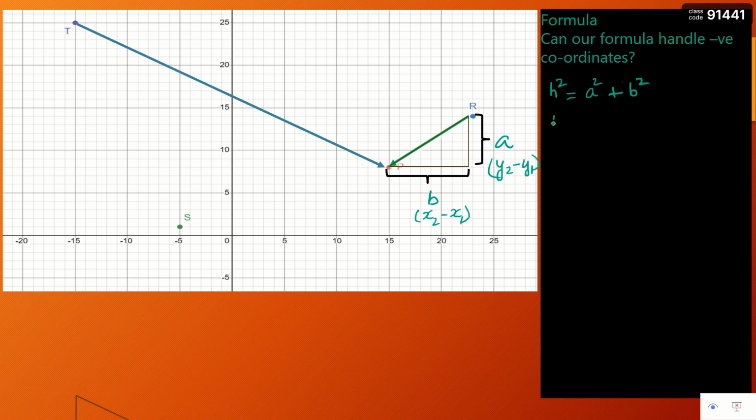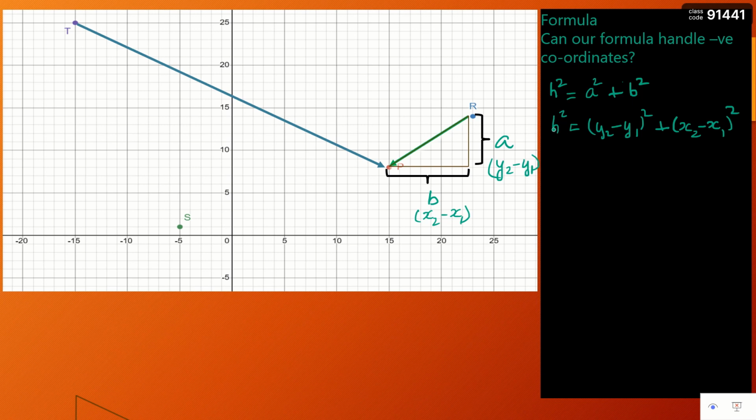So we can say that h square equals (y2 minus y1) squared. I have simply substituted y2 minus y1 instead of a, plus, now substituting for b, (x2 minus x1) squared.